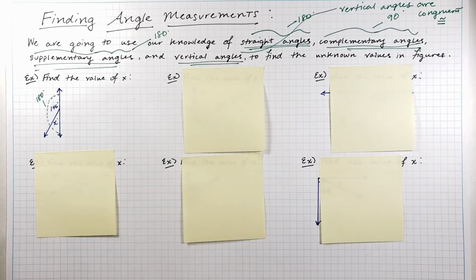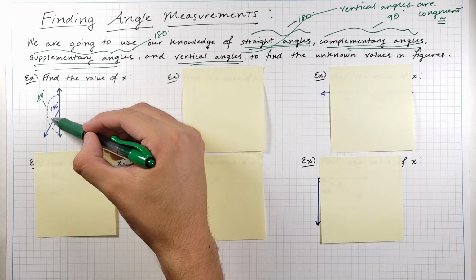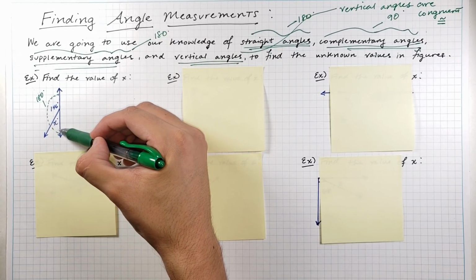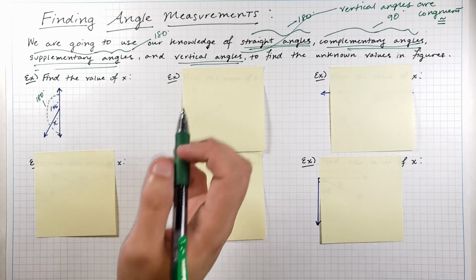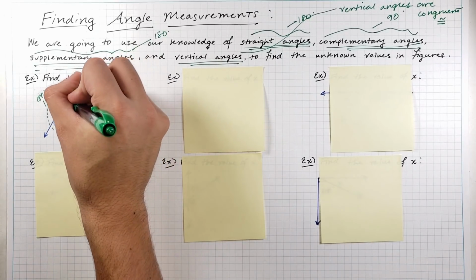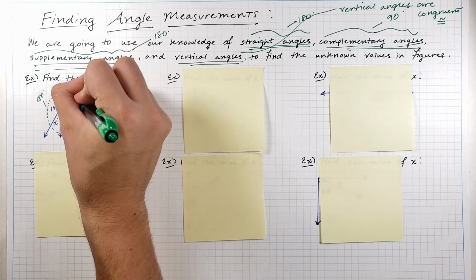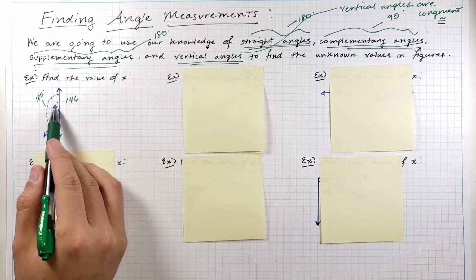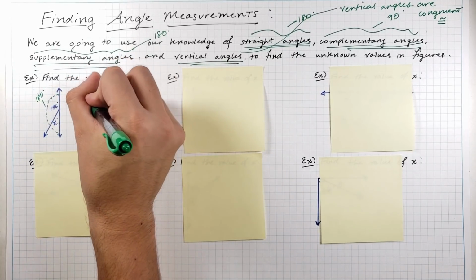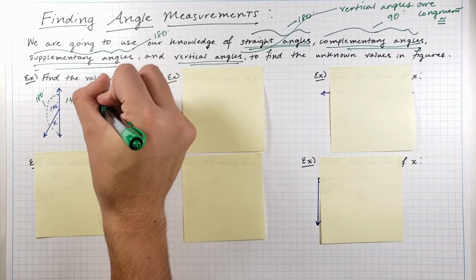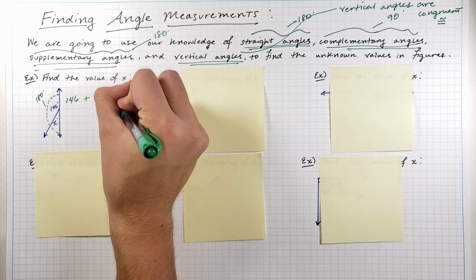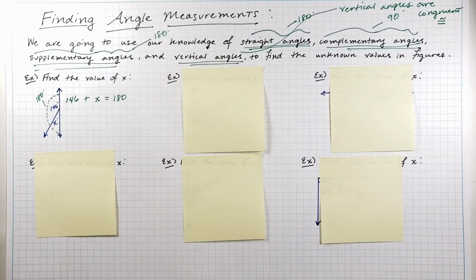That means that this angle plus the rest of this angle has to be 180. So algebraically, 146 degrees, which is this obtuse one, plus x, which we don't know, has to equal 180 degrees, right?